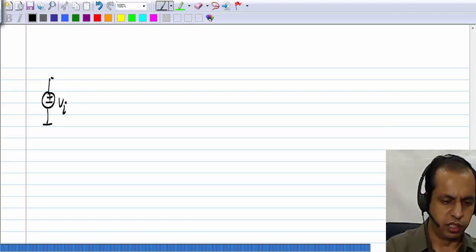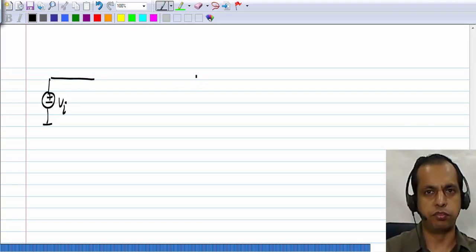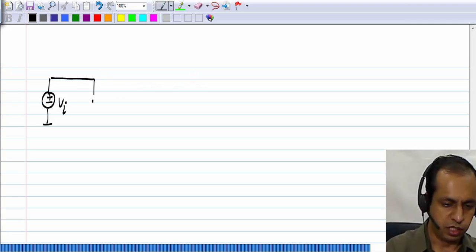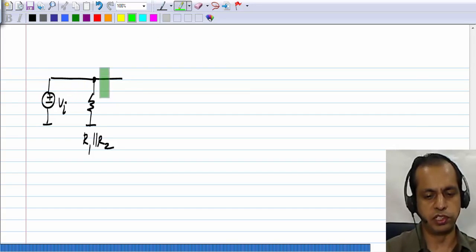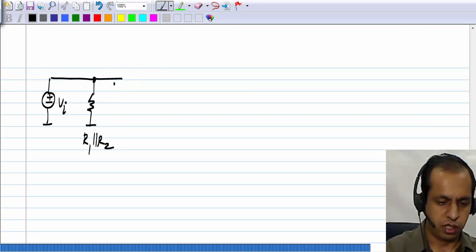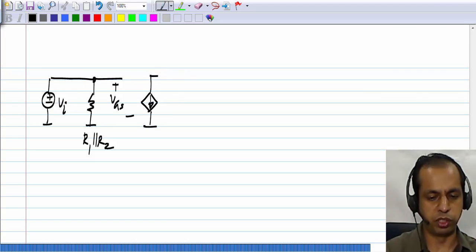Vi is here. I'll assume that all capacitors are large enough for them to behave like short circuits, and we have R1 parallel R2. Since the input source has no internal resistance, this plays no role at all. And we have the transistor VGS with the source shorted to ground in the incremental picture.